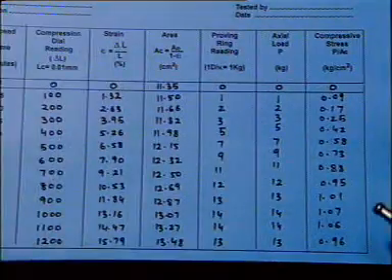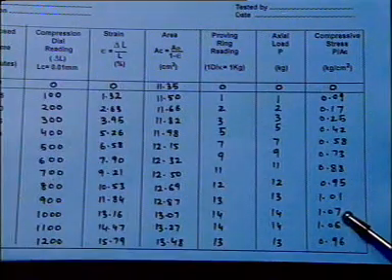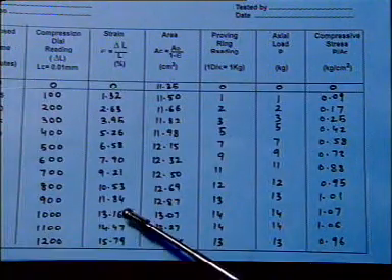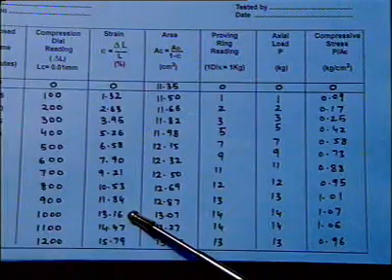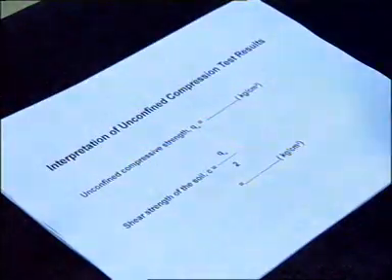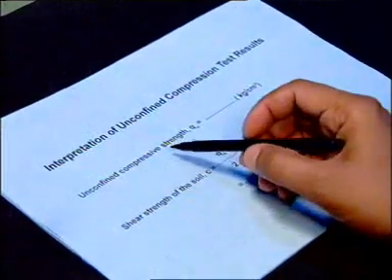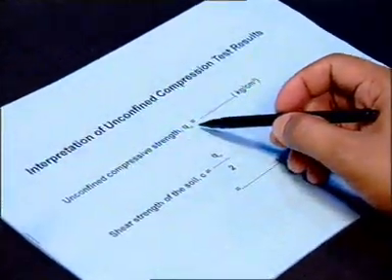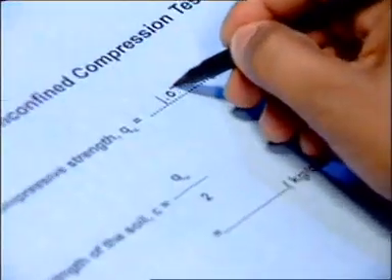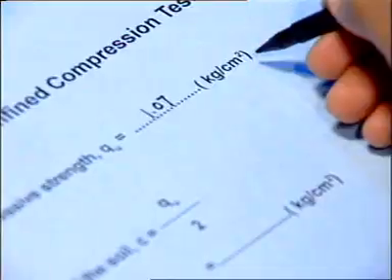The compressive strength of this soil is 1.07 kg per centimeter square at an axial strain of 13.16%. From the interpretation of the result, unconfined compressive strength of soil Qu is equal to 1.07 kg per centimeter square.